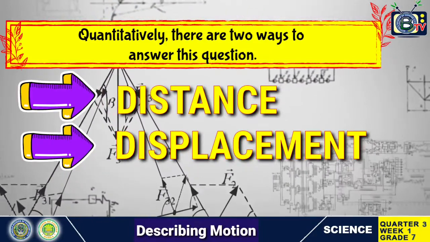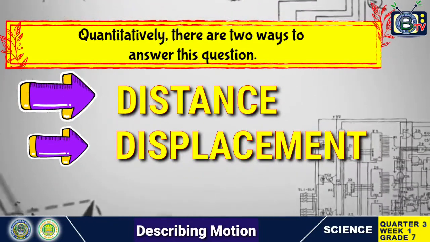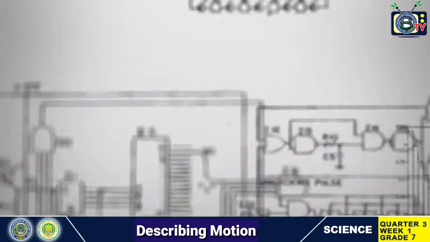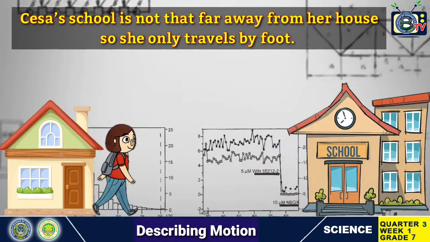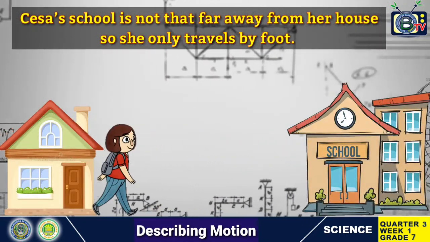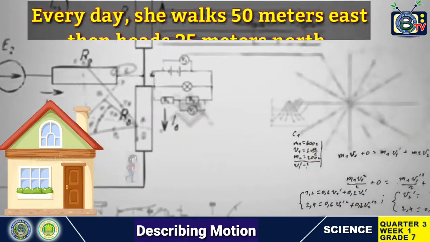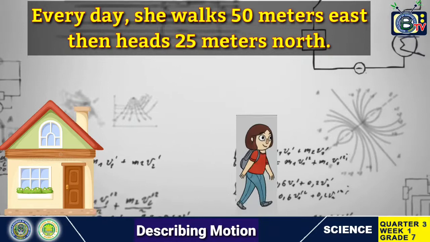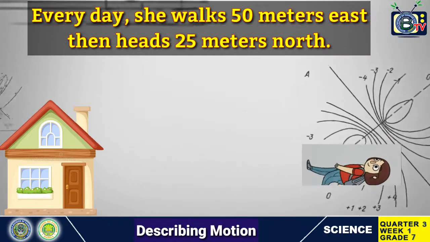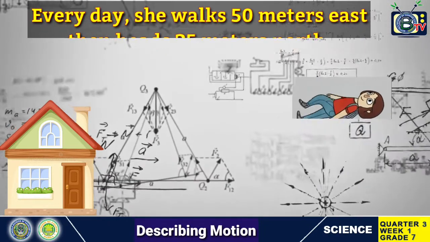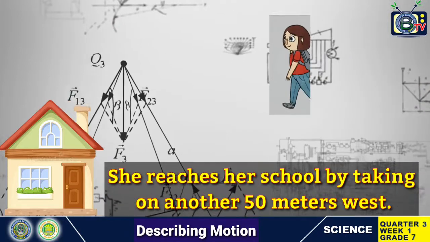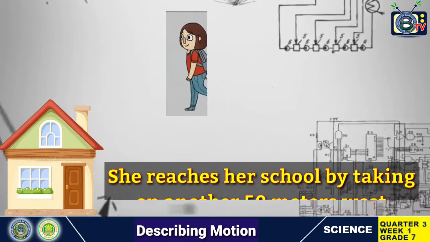To give you a distinction between the two, let's consider this situation. Cecily's school is not that far away from her house, so she only travels by foot. Every day, she walks 50 meters east, then heads 25 meters north. She reaches her school by taking on another 50 meters west.